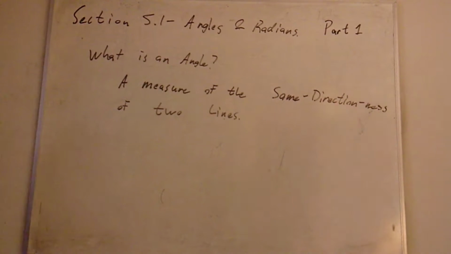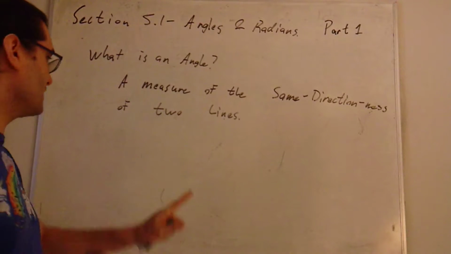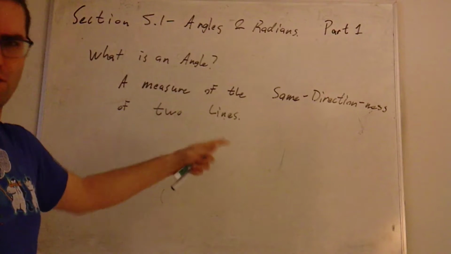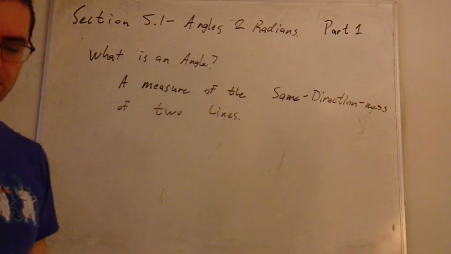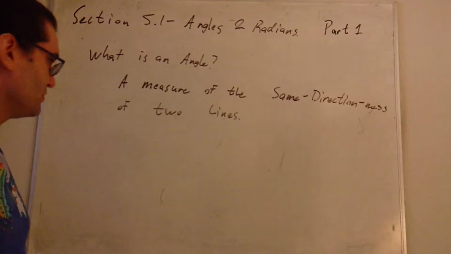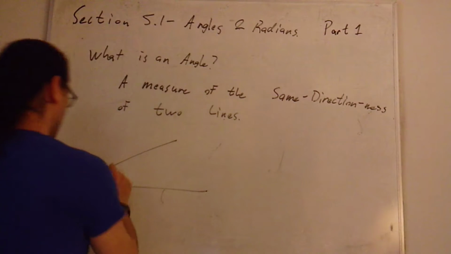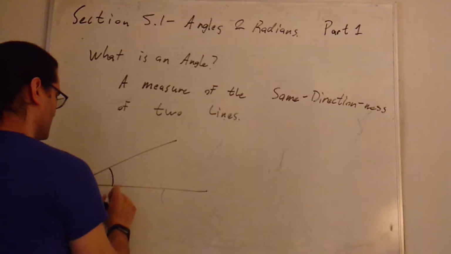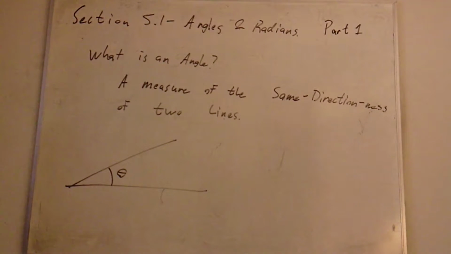So, if we're going to have an angle, we need two lines. They need to be intersecting lines. I should probably write two intersecting lines, but I don't want this definition to get too cluttered. We'll just know that these lines are intersecting. So we have two intersecting lines, and we use angles to measure their same directionness.